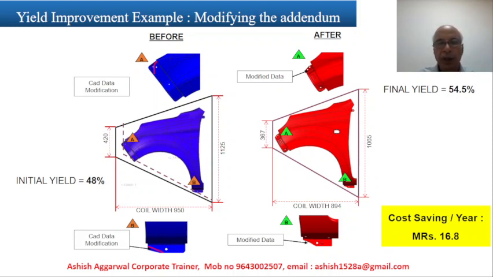As per the modified data, now coil width reduced from 950 to 894 and the maximum length of the blank reduced from 1125 to 1065. Earlier, before modification, yield was 48%, but after this product design modification in the part, the final yield was 54.5% and there was a cost saving of 16.8 million rupees from this particular part.